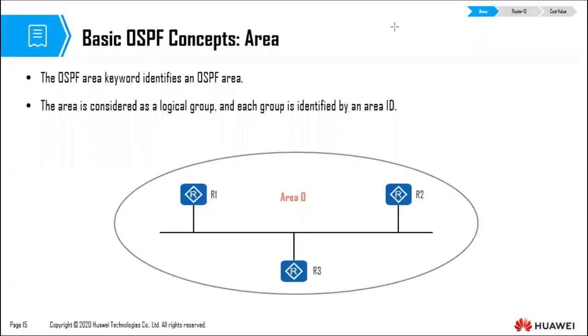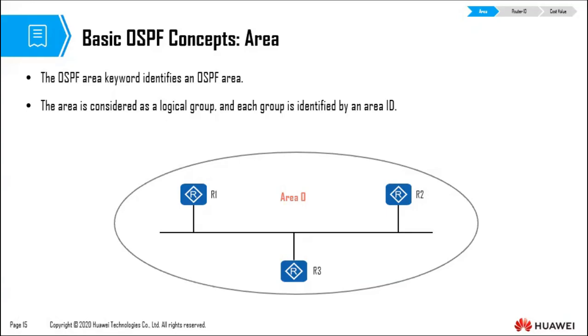So you cannot join the other areas together. And that is one of the strategies of ensuring that we don't have a loop, OSPF loop. So all of them have to communicate through area 0.